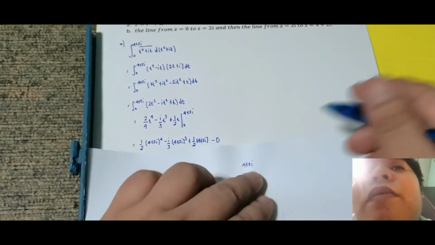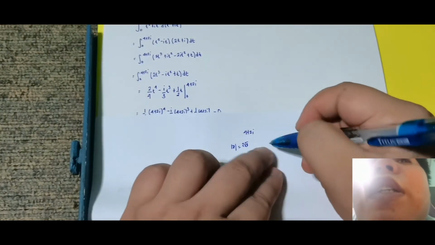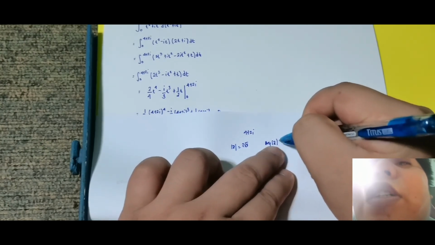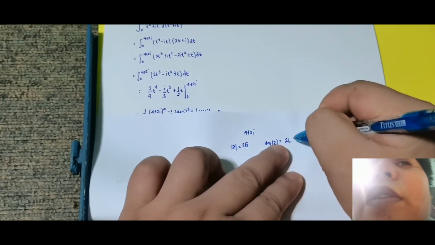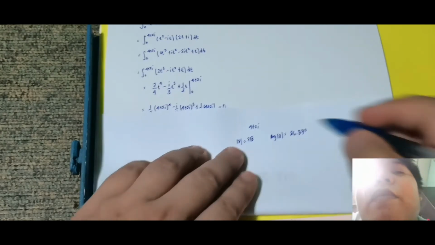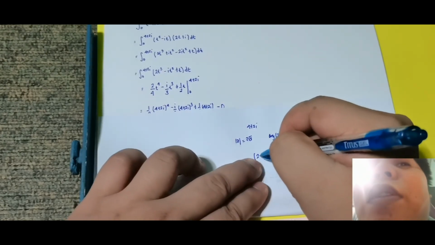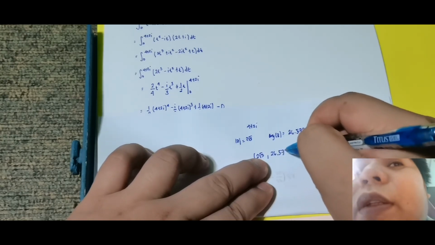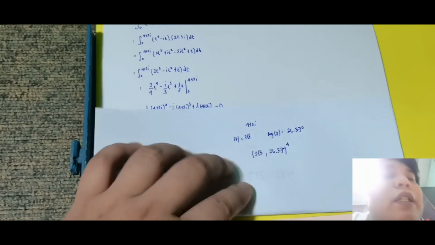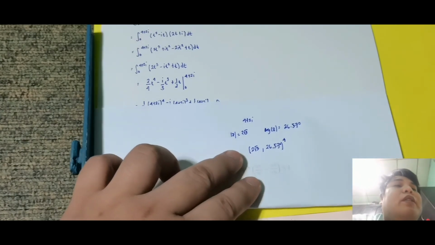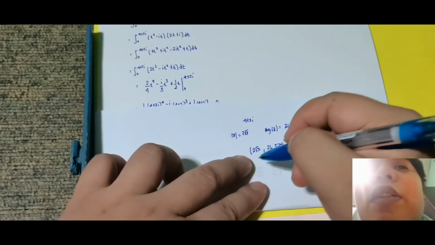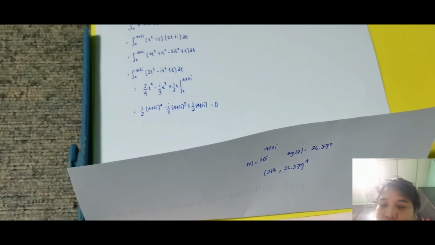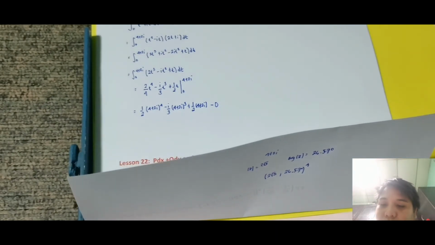So, yung argument niya is 26.57 degrees. So, ang mangyari, ito ay 2 square root of 5 at 26.57 degrees, raise sa 4, saka raise sa 3. And ang mangyari, pag nag-De Moivre's theorem tayo, ito ay magiging 2 square root of 5 raised sa 4.